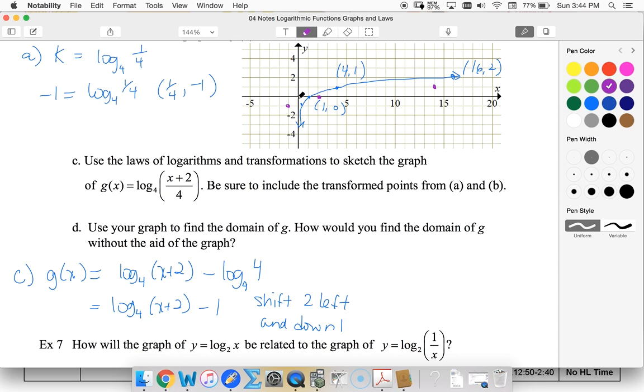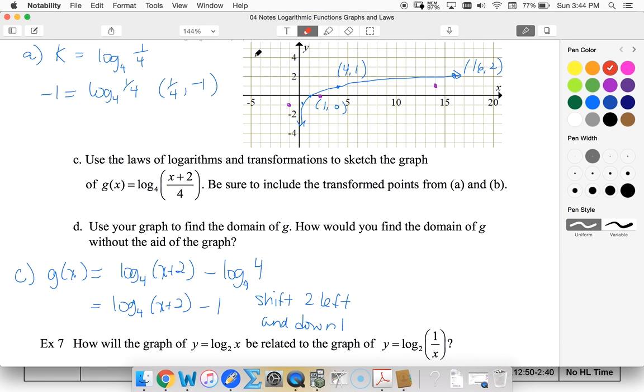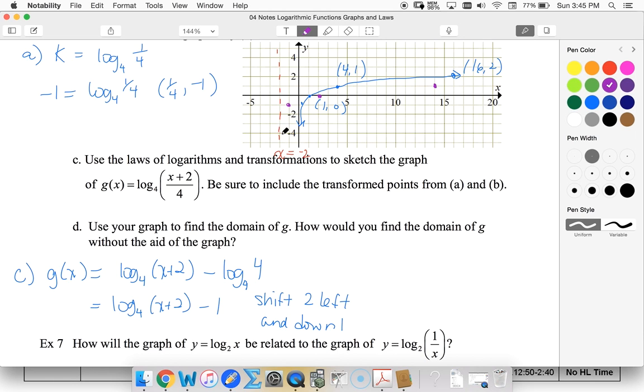And now my asymptote gets moved 2 to the left. So x equals -2 is my asymptote, and I can make my picture something like this. And that is my g of x.